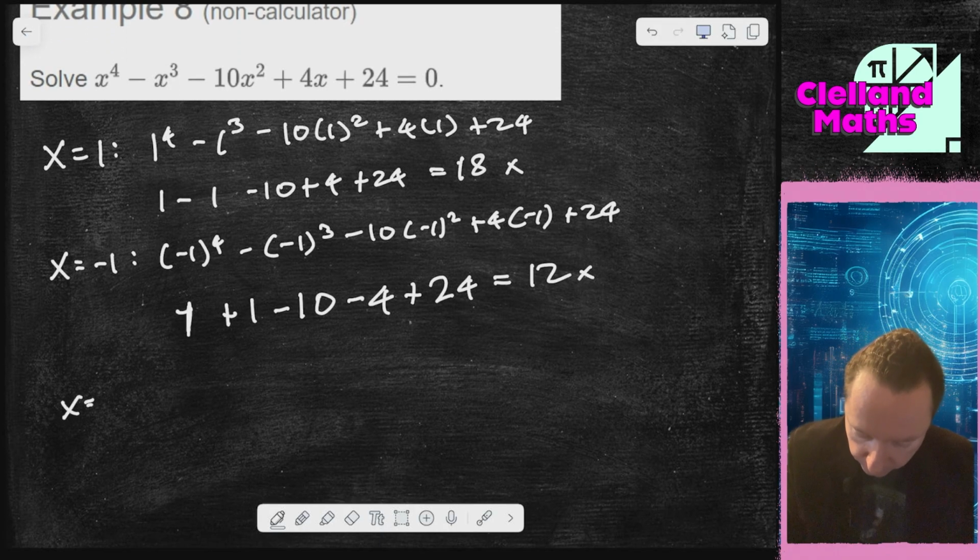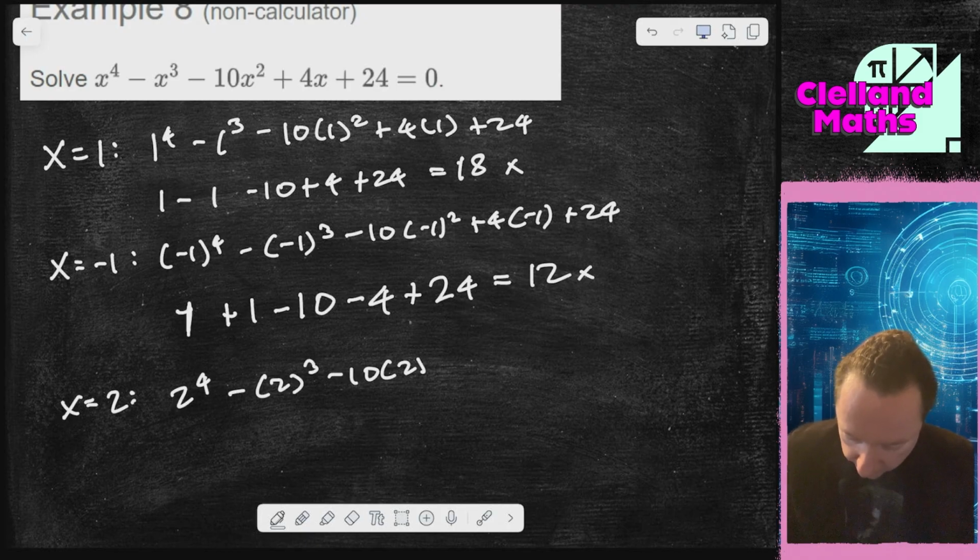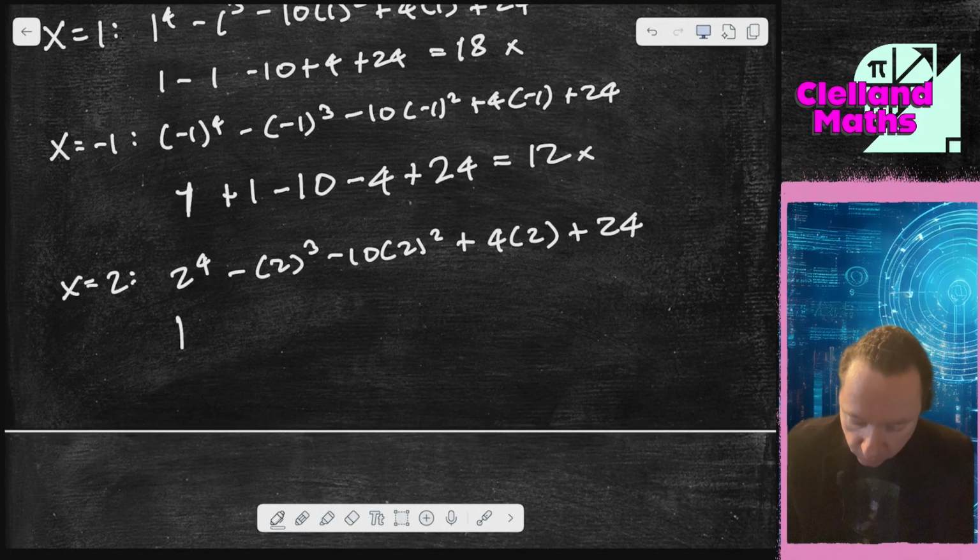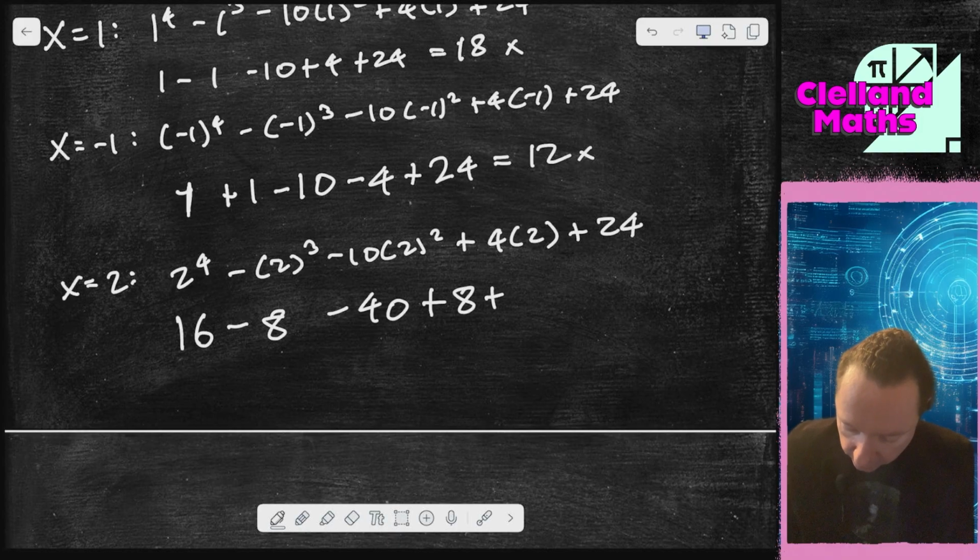Try 2. 2 to the 4 minus 2 cubed minus 10 times 2 squared plus 4 twos plus 24. 2 to the 4: 2 twos is 4, 4 twos is 8, times 2 is 16, minus 8. 2 twos is 4, minus 40 plus 8 plus 24.